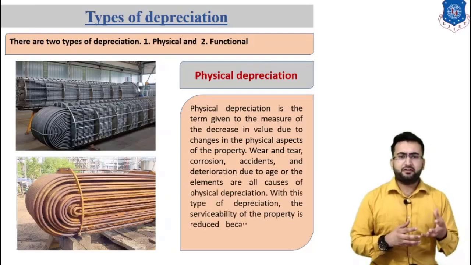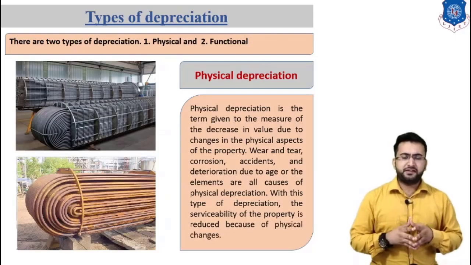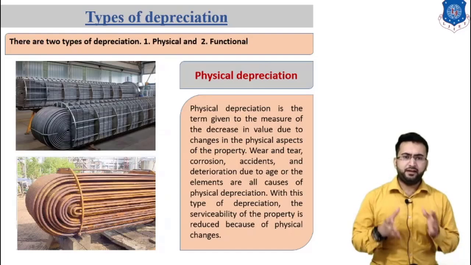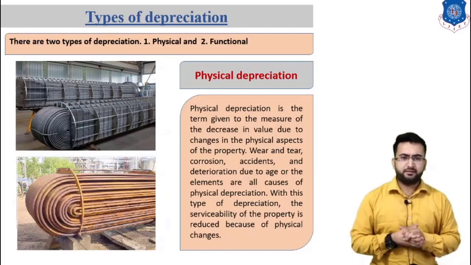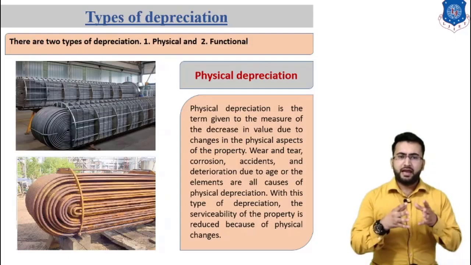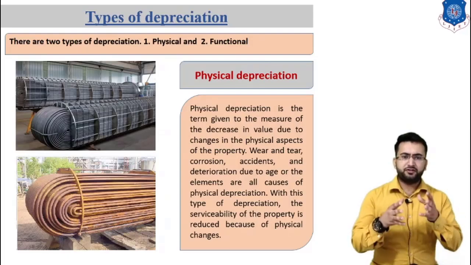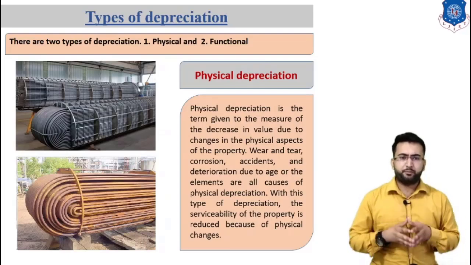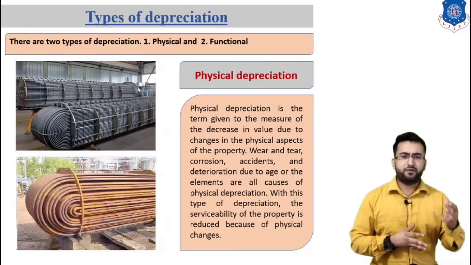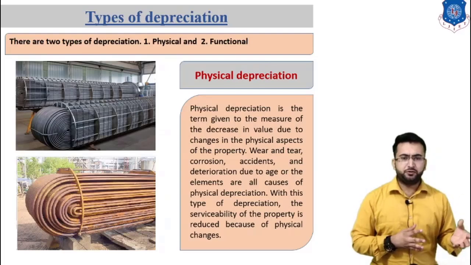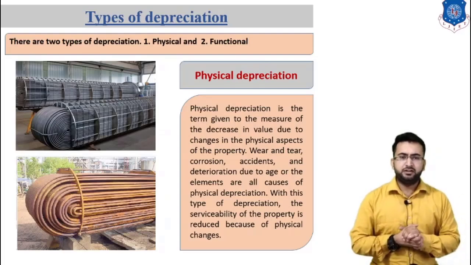There are various factors that change the physical characteristics of any product or asset, such as wear and tear, corrosion, accident, and deterioration due to the age of the element or product. These are all cases of physical depreciation. With this type of depreciation, the serviceability of the property is reduced because of physical change.